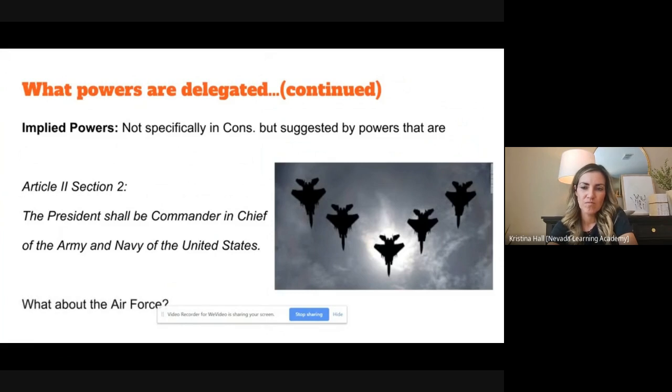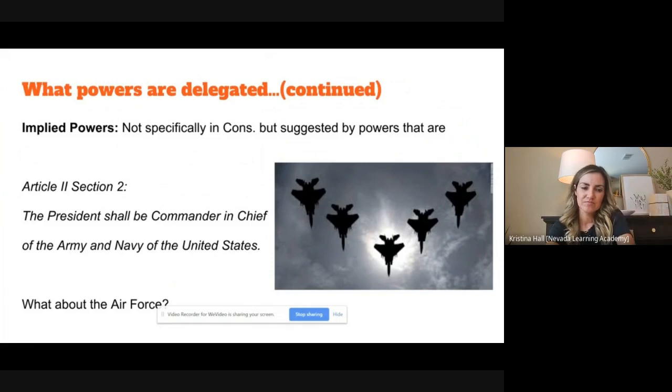The Constitution doesn't mention the Air Force. It would be weird if it did mention the Air Force. The Constitution was written in the 1780s. Why would it mention the Air Force? But since the Air Force is another branch of the armed forces, the Constitution suggests that the president is commander-in-chief of the Air Force too. Therefore, that is an implied power because it isn't written, but strongly suggested.